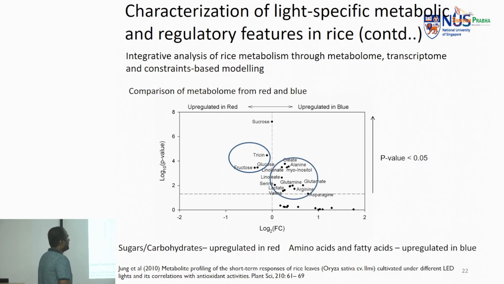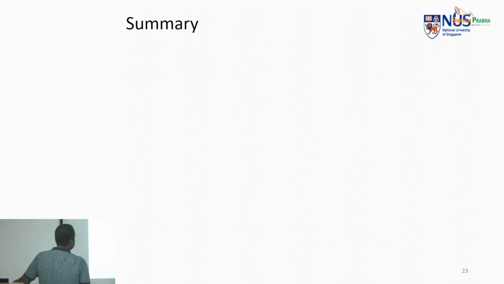So this may indicate that whatever is being synthesized, blue light will try to produce more and more mass, which may contribute to the plant reproduction. Whereas the red light could possibly store them into sugar moieties rather than reproducing them into newer plant cells and so on. So that is the hypothesis which we can get out of this.